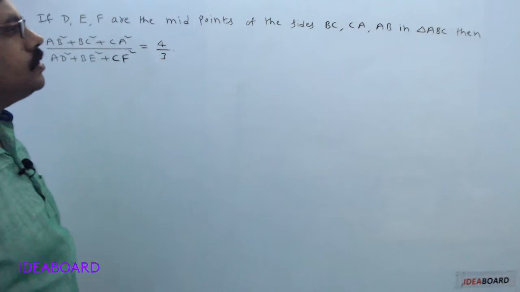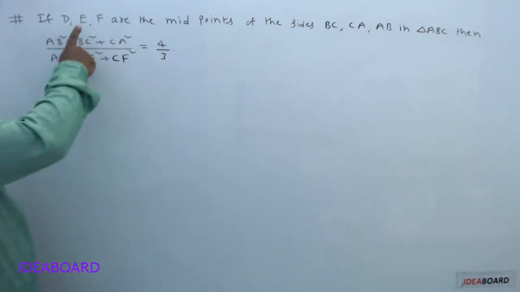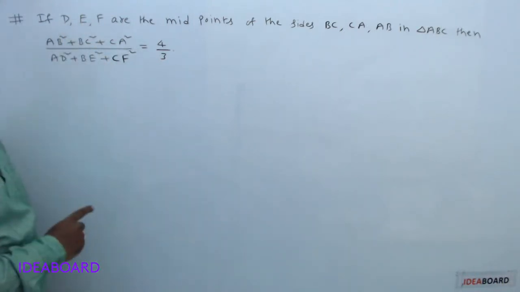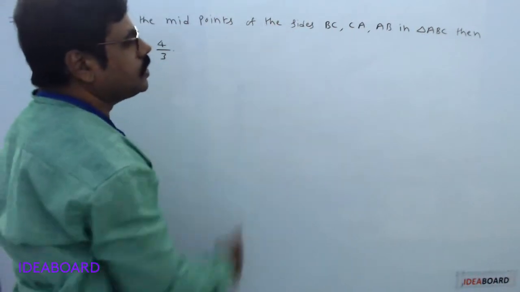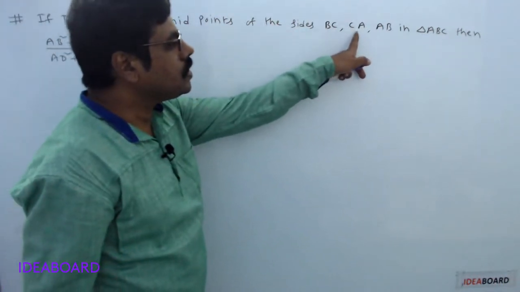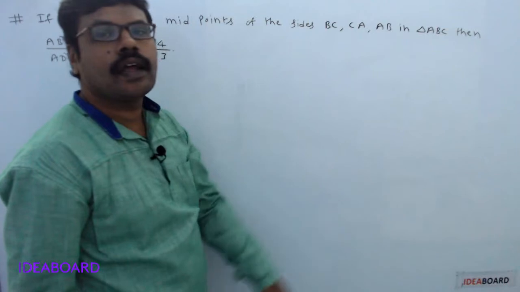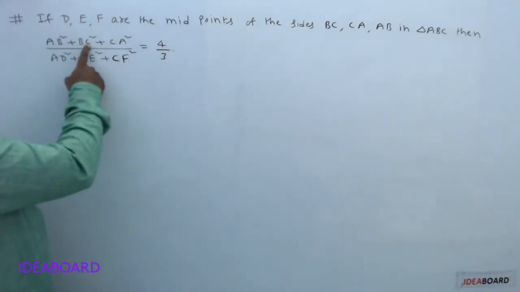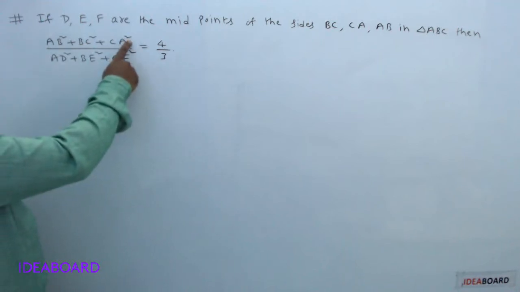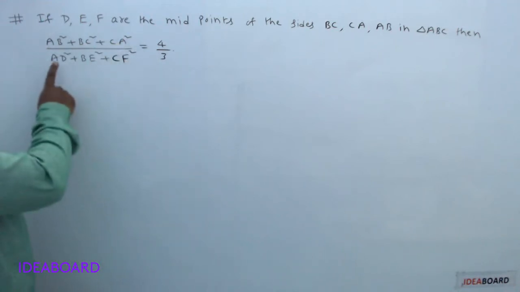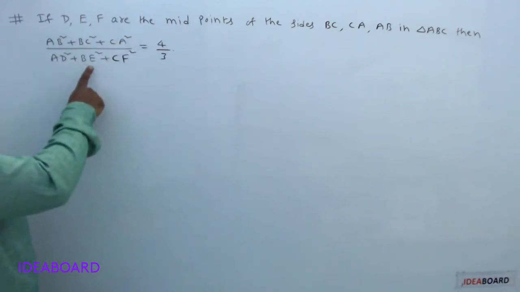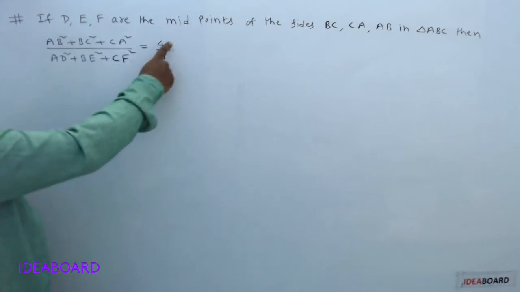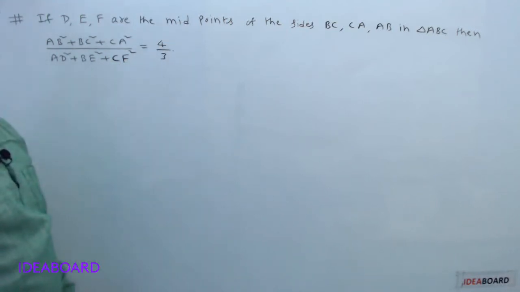Now come to the next point. If D, E, F are the midpoints of the sides BC, CA, AB in triangle ABC, then AB square plus BC square plus CA square divided by AD square plus BE square plus CF square equals 4 divided by 3.